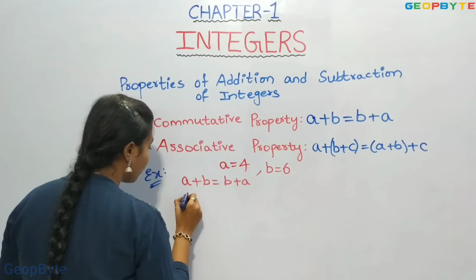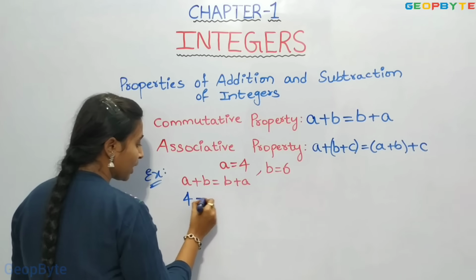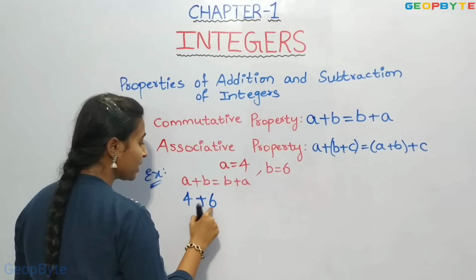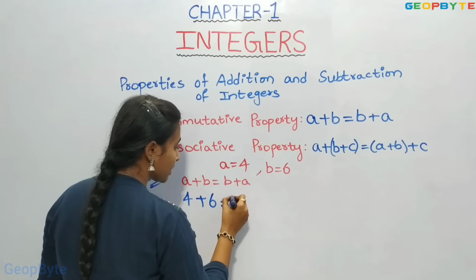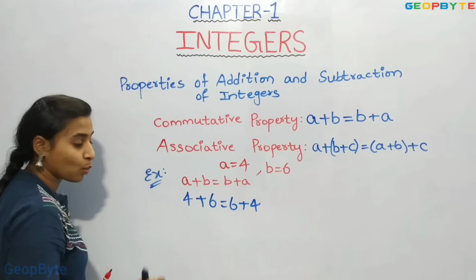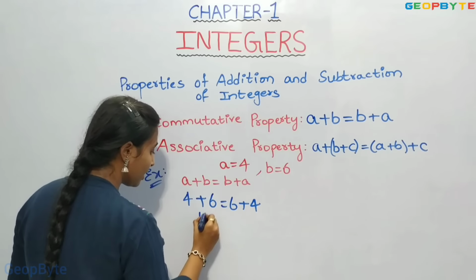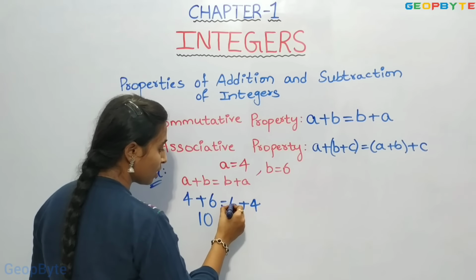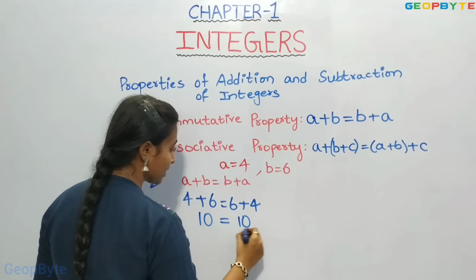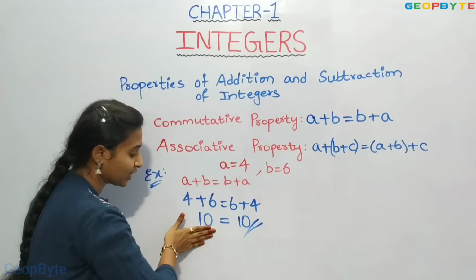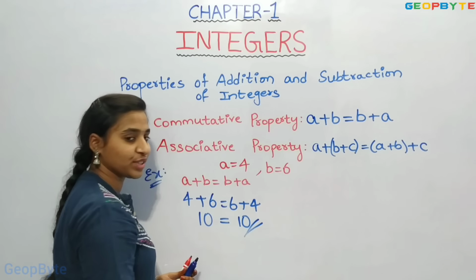We have 4 plus we have B as 6. 4 plus 6 is equal to 6 plus 4. What is 4 plus 6? 10 is equal to 6 plus 4, 10. Yes, it's proved. This property is proved that LHS is equal to RHS.